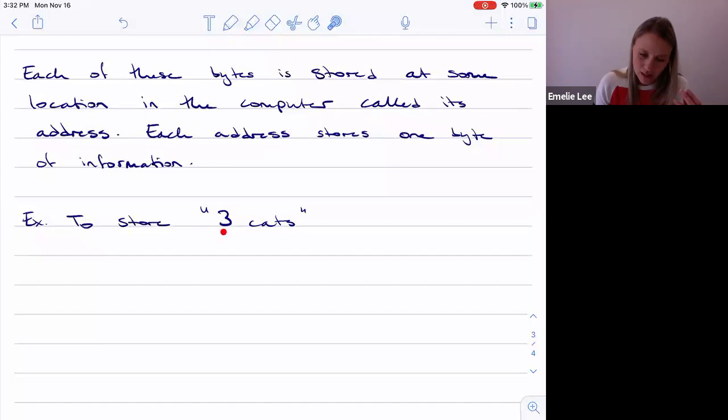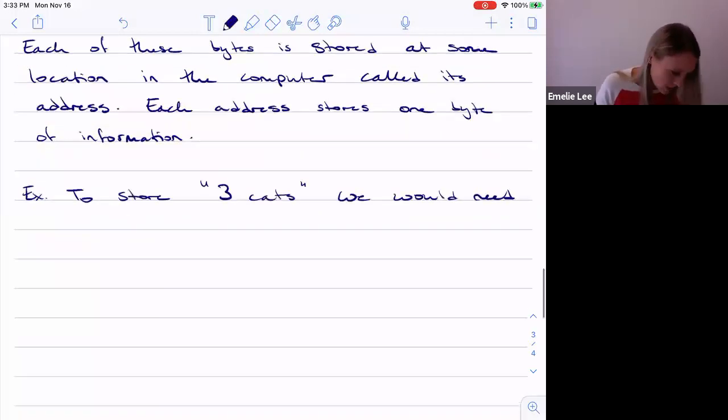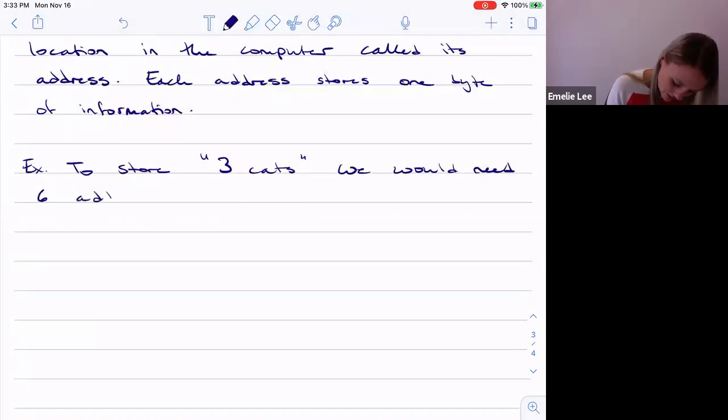We would need the 3, the space, the C, the A, the T, and the S, and these are all lowercase. And I'll just do 1, 2, 3, 4, 5, 6.